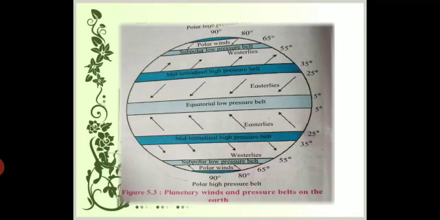Westerlies is written between the mid-latitudinal high pressure belt with arrows as they move to the subpolar low pressure belt. When these winds blow, their original direction changes due to the rotation of the earth, and in the southern hemisphere, these winds blow from the northwest to the southeast, and in the northern hemisphere, they blow from southwest to the northeast, and these winds are called westerlies.